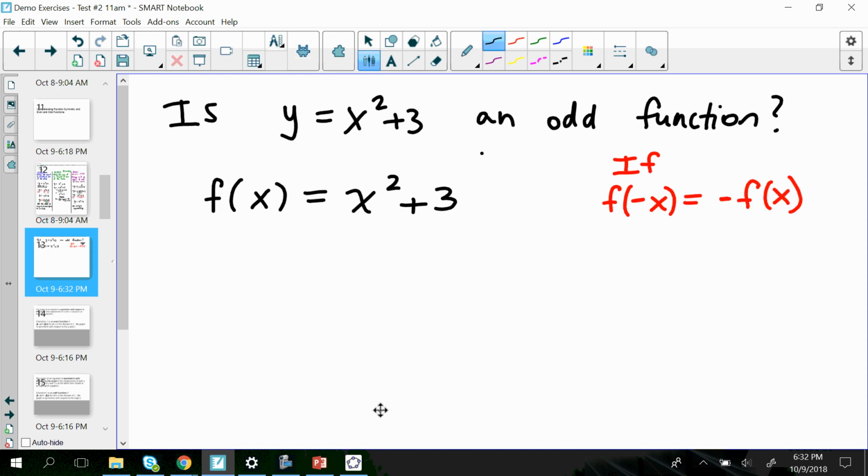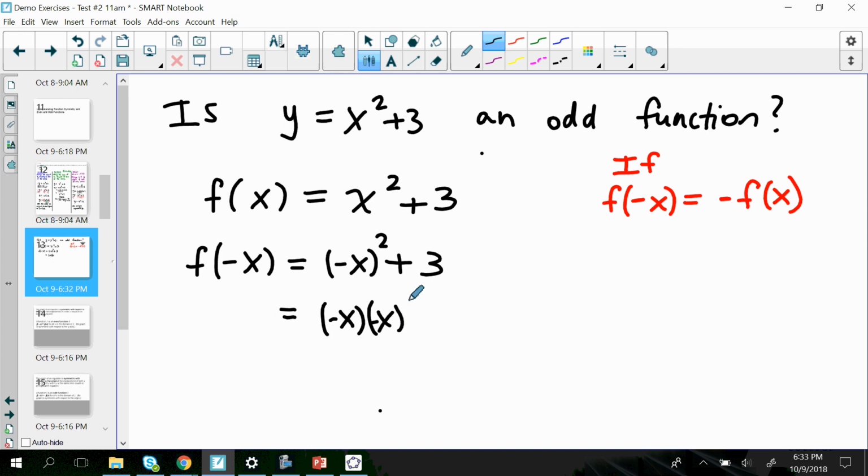So we'll go through the process here. f of negative x is equal to negative x squared plus 3. Which, when expanded, we can see that this becomes a positive x squared, and this is not equal to negative f of x.